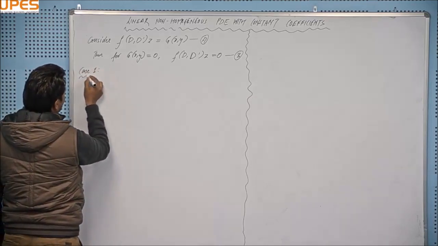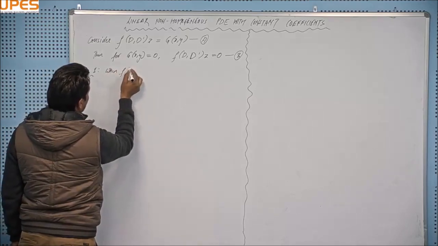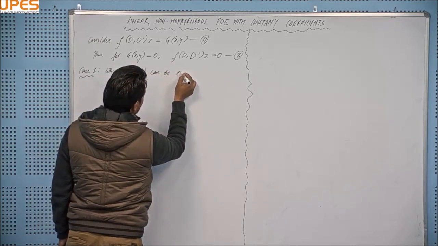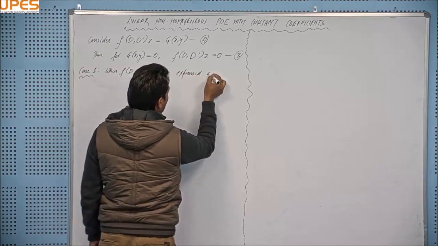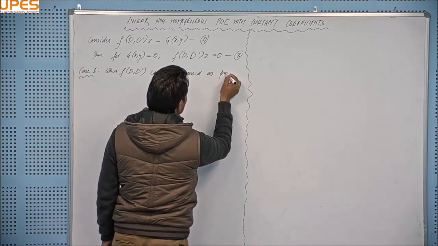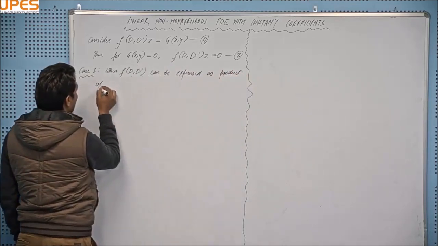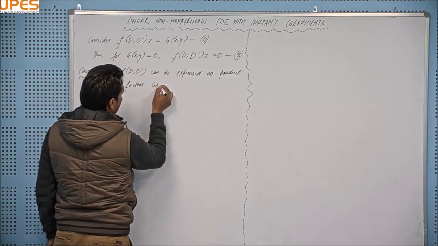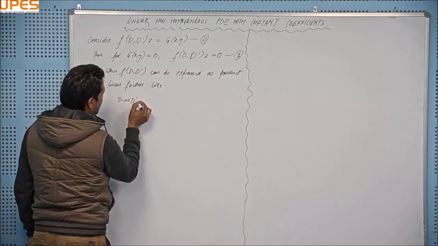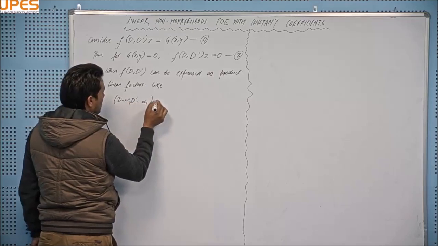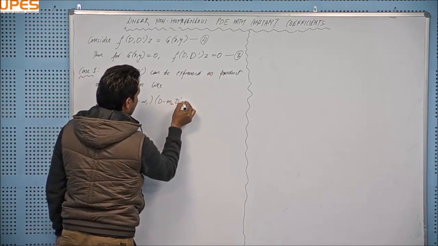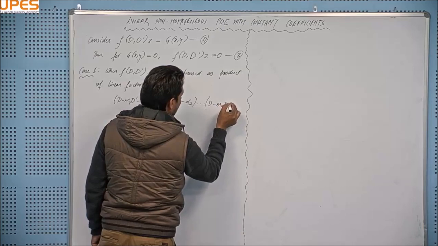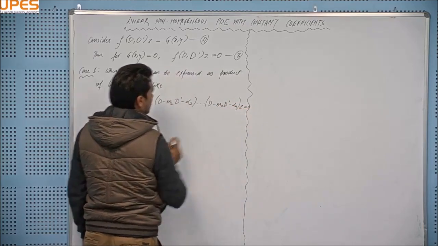Case 1 is when F(D, D') can be factorized, expressed as a product of linear factors like (D - m1 D' - alpha 1), (D - m2 D' - alpha 2), and so on, up to (D - mn D' - alpha n) z equal to 0.